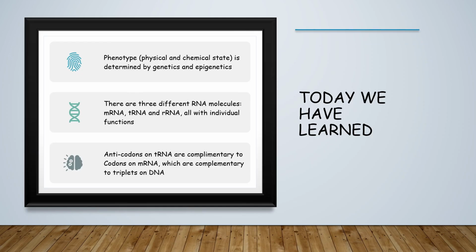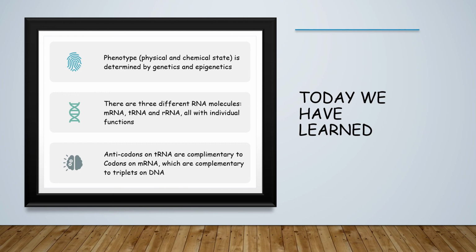So that's us for another video lesson. Today we've looked at phenotype, the physical and chemical state, which is determined by genetics or your genotype, and other factors such as epigenetics, so external factors.